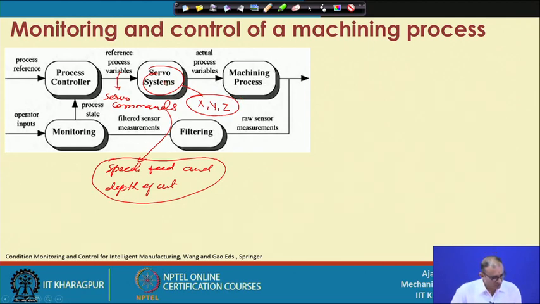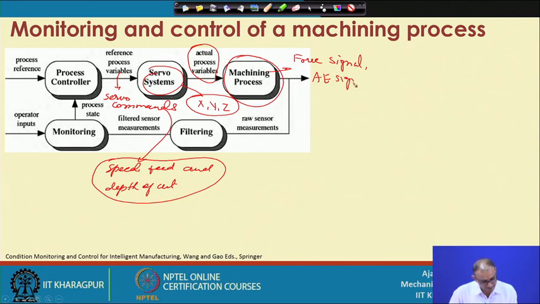So, once you give a servo command, then it will drive all the 3 axes to do a machining operation. So, this is called the actual process variable. Here you are getting a force signal, then acoustic emission sensor signal, and there are many sensors, whatever sensor you are using for monitoring of this particular manufacturing process.